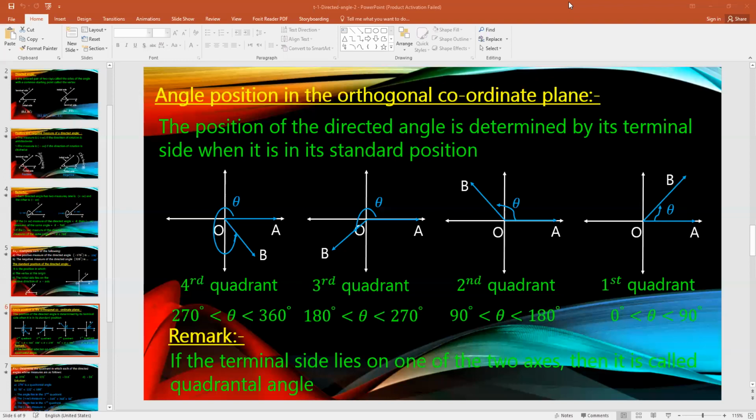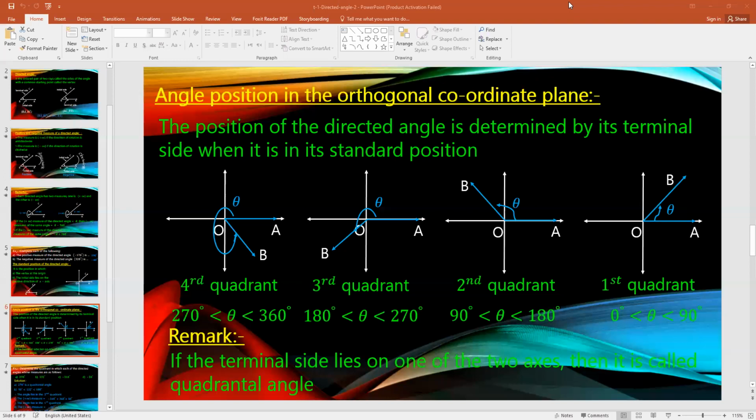If the terminal side is in the second quadrant, then this angle is obtuse and its measure is more than 90 and less than 180. If the terminal side lies in the third quadrant, its measure is between 180 and 270.